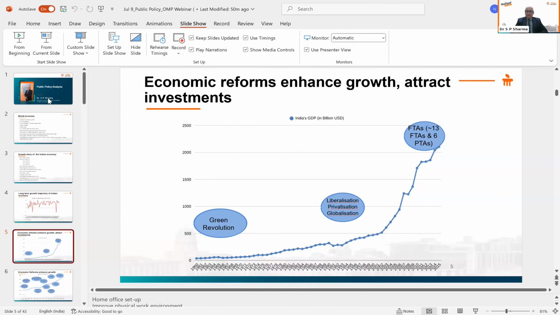And thereafter, we started signing free trade agreements in 2000. Firstly, we signed a free trade agreement with Sri Lanka in 2000. Thereafter, there were so many free trade agreements, and by 2010 or 11, we had signed 13 FTAs, of which six were PTAs.